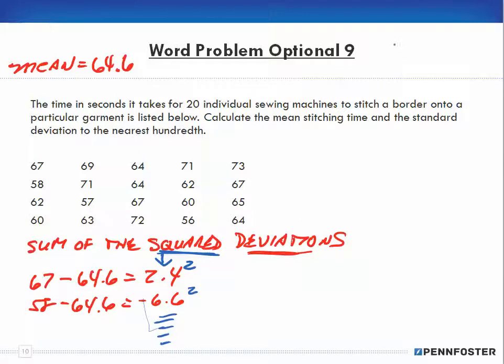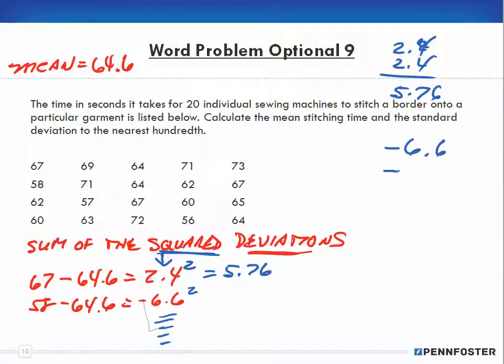Well, to square something, you take the number and you multiply it by itself. Okay, 2.4 times 2.4 gives me 5.76. So 2.4 squared is 5.76.